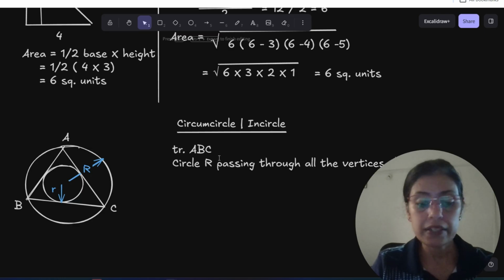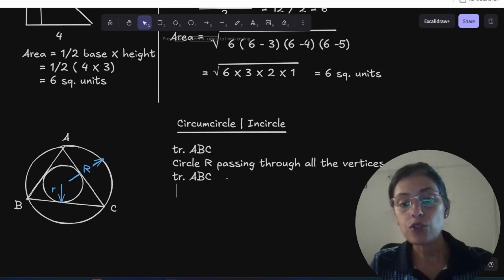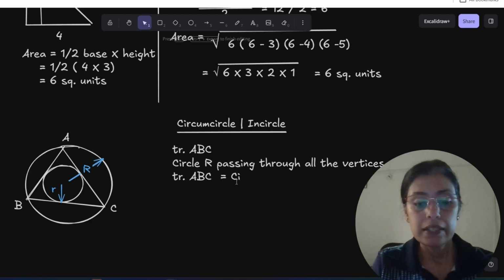So such a circle which passes through the 3 vertices of the triangle, this is called a circumcircle.